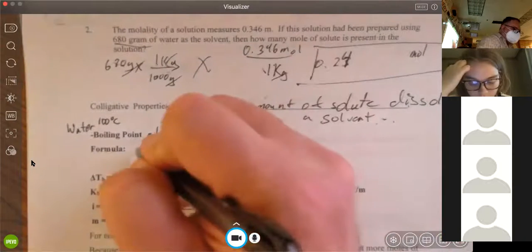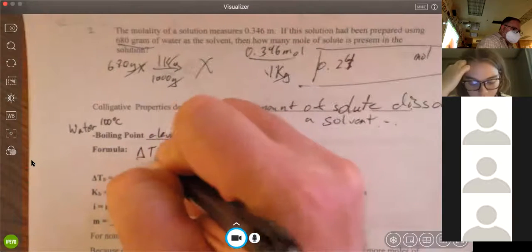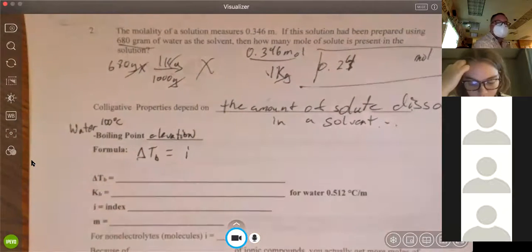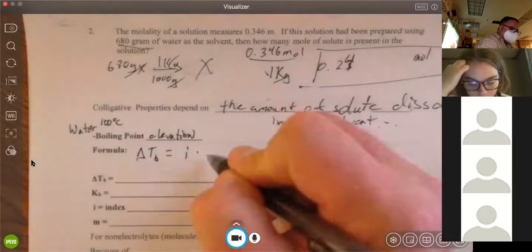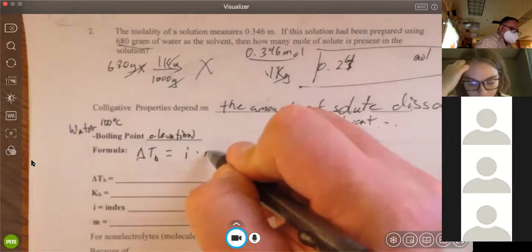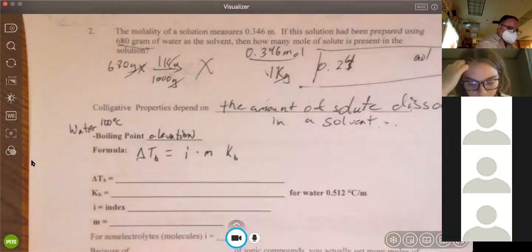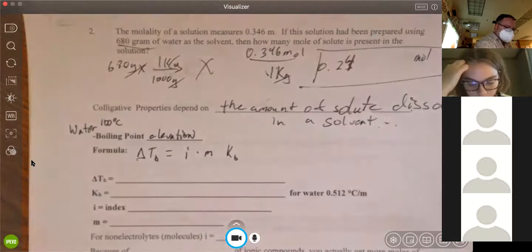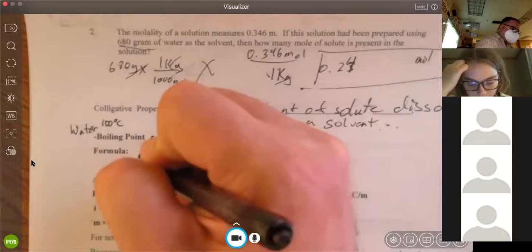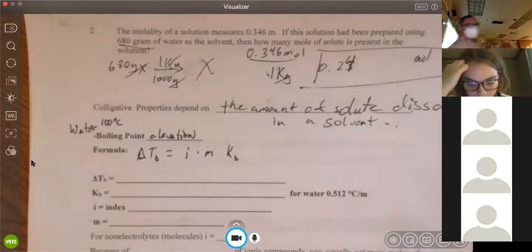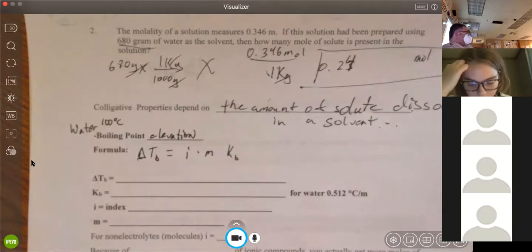The formula for that is delta T_b equals the index, or the van't Hoff factor, times the molality times the K_b. So what does the delta mean? Remember last semester during thermodynamics, we talked about delta meaning something?